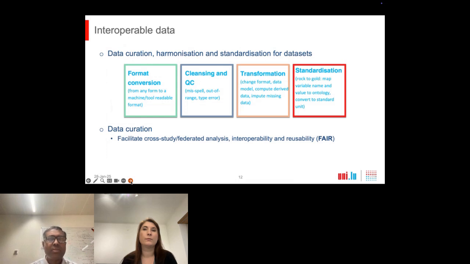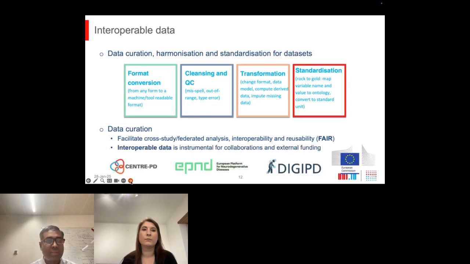At a very high level, it consists of data curation, harmonization, and standardization, such as converting the formats, data cleaning and quality control, transformations of the data, and then applying the ontologies, community-based ontologies and terminologies. This is extremely important to facilitate cross-study analysis, either when you want to pool the data, or to do cross-validation with some other cohort.